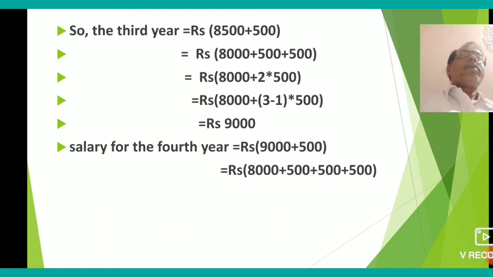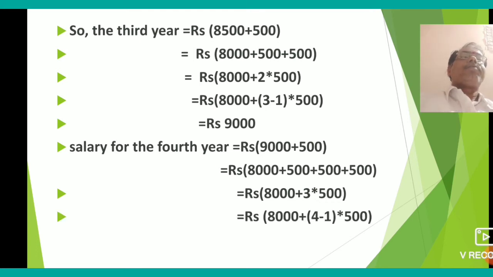So again we have got three 500s. Okay, see properly. So then we get 8,000 plus 3 into 500. Now again the 3 can be written as 4 minus 1, so 8,000 plus 4 minus 1 into 500. That is the 4th year salary, rupees 8,000 plus 4 minus 1 into 500.